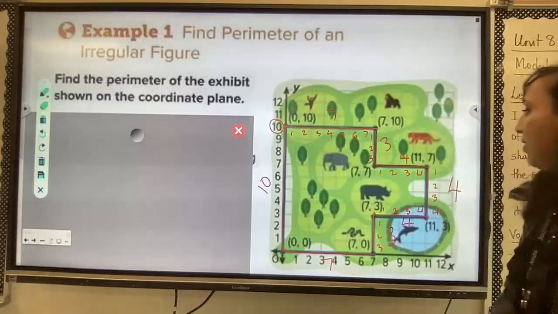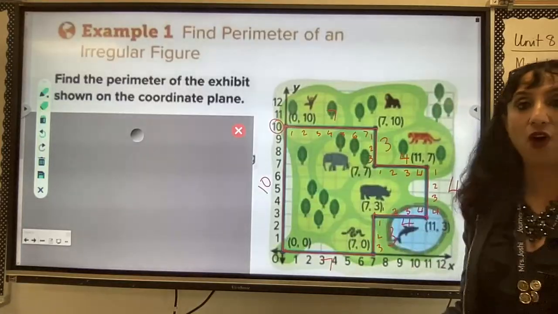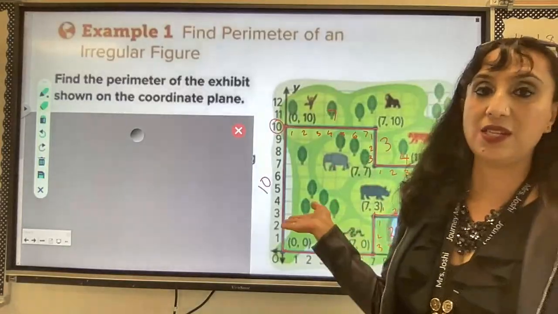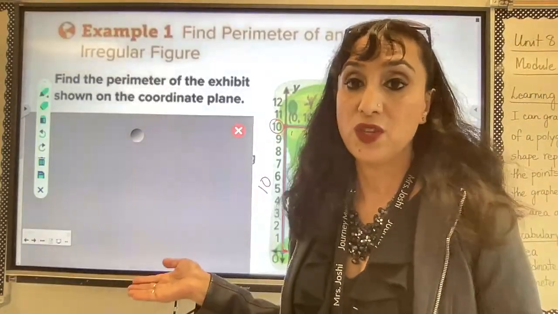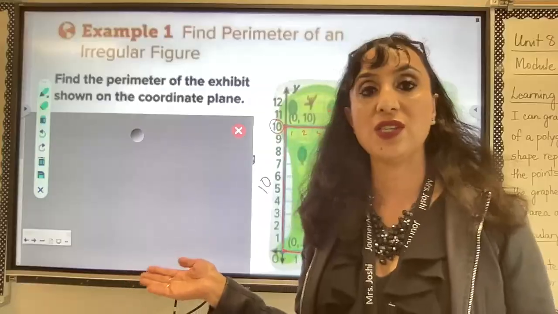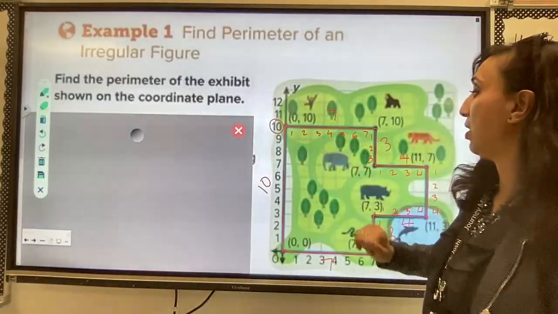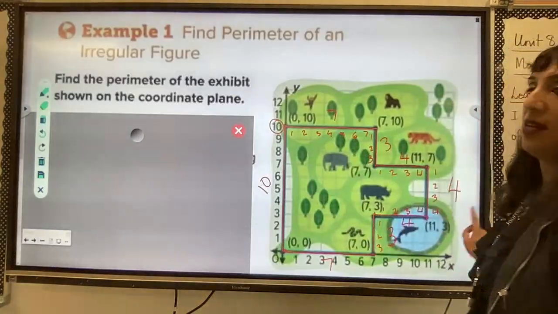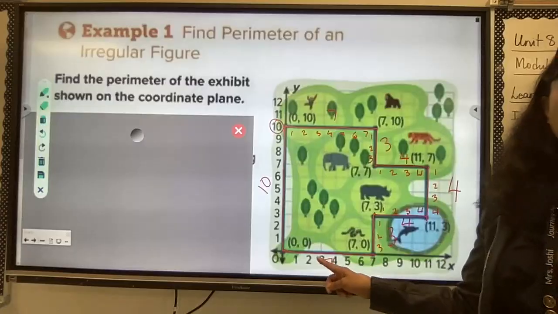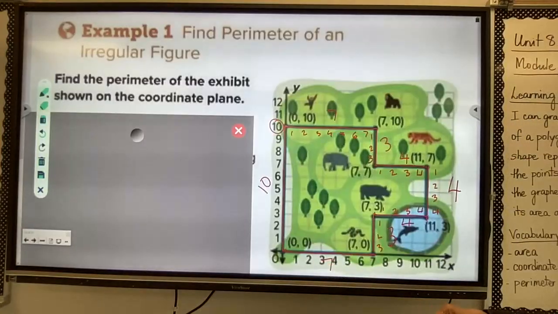And then this much is going to 7. Now, once I have all of these calculated, because this definitely is an irregular figure, for me to see the perimeter, which is the distance outside this irregular figure, I'm going to take all of these numbers that I just calculated and add them up.